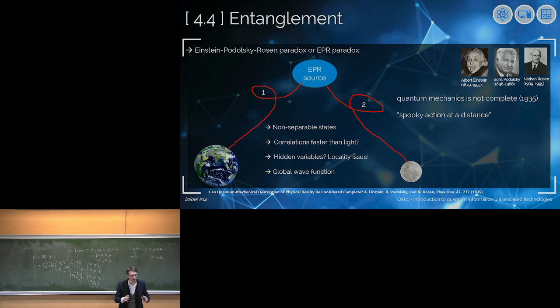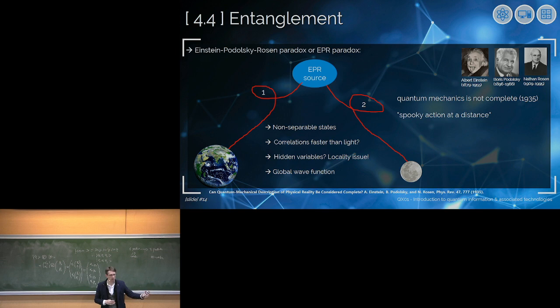Well, there are a lot of almost philosophical debates on this. But the idea is not to go into the whole details. There's a lot of research and work going on on this EPR paradox. But what we can say is that if you see it as a global system, a two-particle system being in fact one system, then there is no problem, first of all. And second of all, there is actually no correlation faster than light. We will come back to measurement in the next lecture.